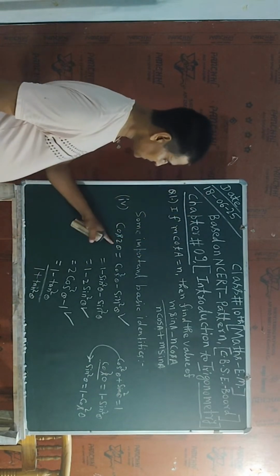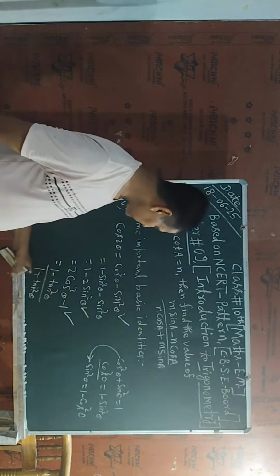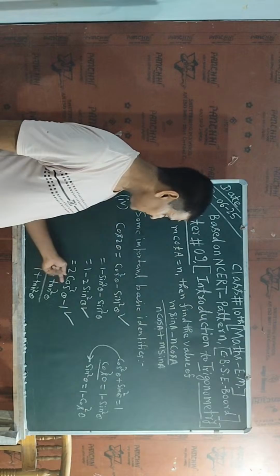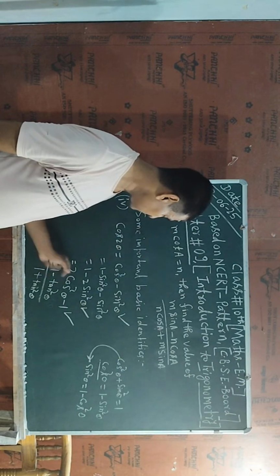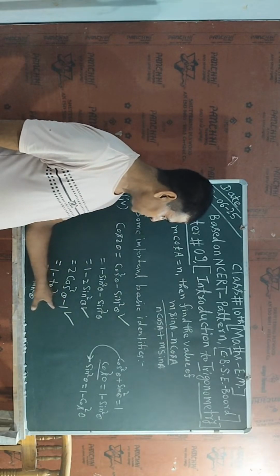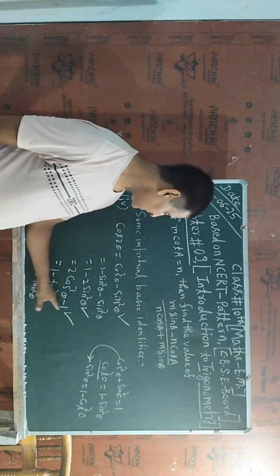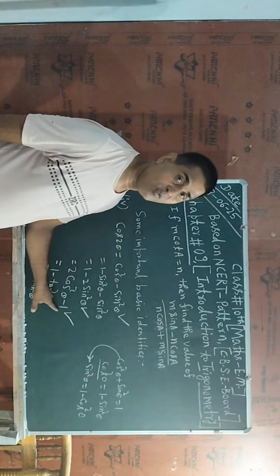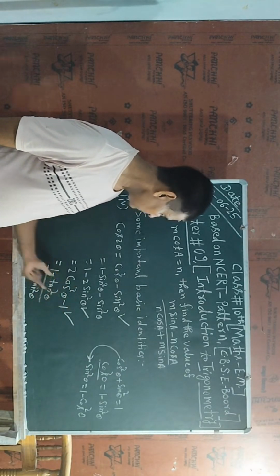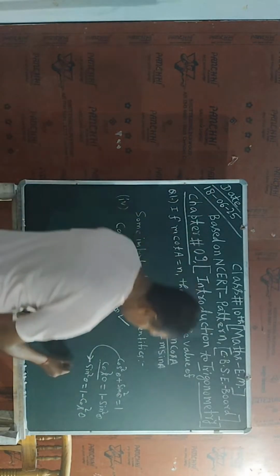So cos 2 theta is equal to 1 minus tan square theta divided by 1 plus tan square theta, because here I will take cos square theta common. So I will write in the bracket 1 minus tan square theta over 1 bracket cos square theta, that will be sec square theta. In the place of sec square theta, I will put 1 plus tan square theta, and after simplifying I will get its value, because sec square theta I know.